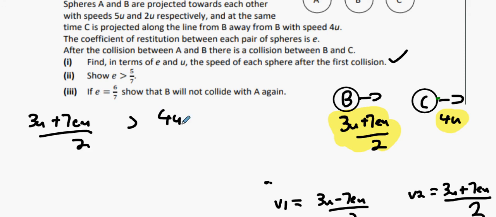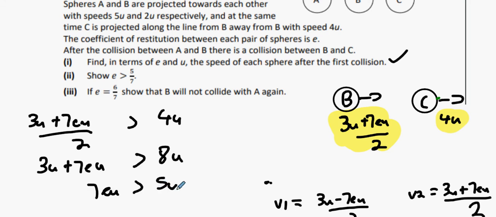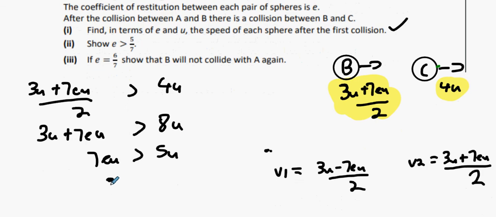Cross multiplying, 3U plus 7EU is bigger than 8U. Bring it over to your side: 7EU is bigger than 5U. This implies that E is bigger than 5 over 7. Okay, that's that one done.